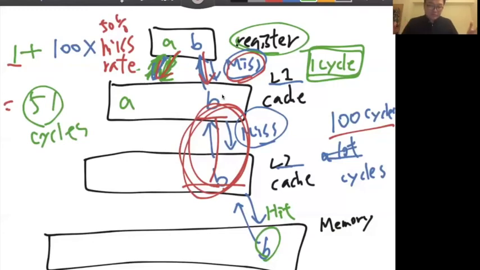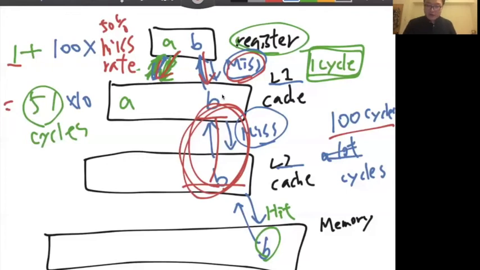In total, it's 51 times the 10 instructions, so you get 510 cycles.